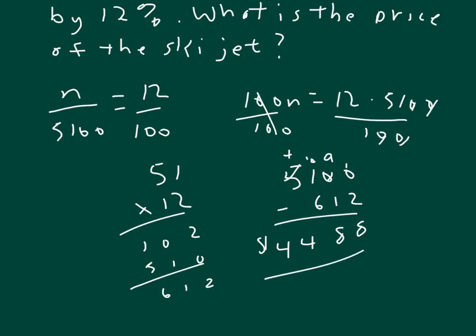So the selling price should be $4,488. Or I could just do 5,100 times 88%. And that's sort of one step. Some of that's done in your head, but that would get you the answer too.